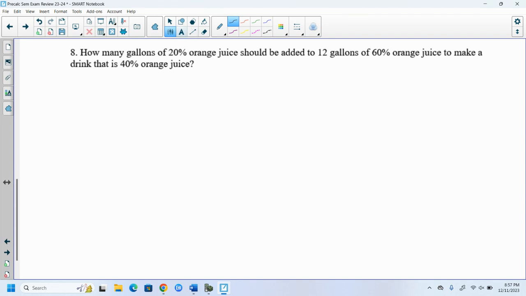So how many gallons of 20% orange juice? I don't know that. So 20% is 0.2 times x, which is our unknown amount of gallons, should be added to 12 gallons of 60%. So you take 0.6 times 12.